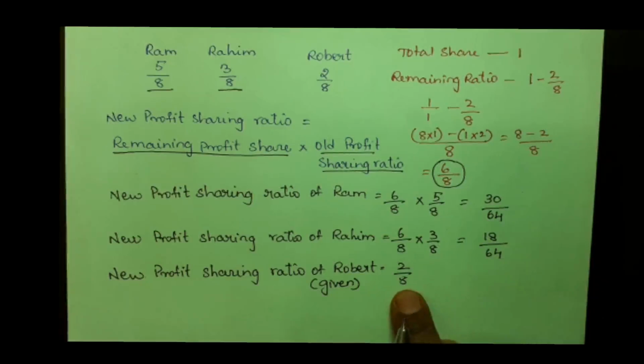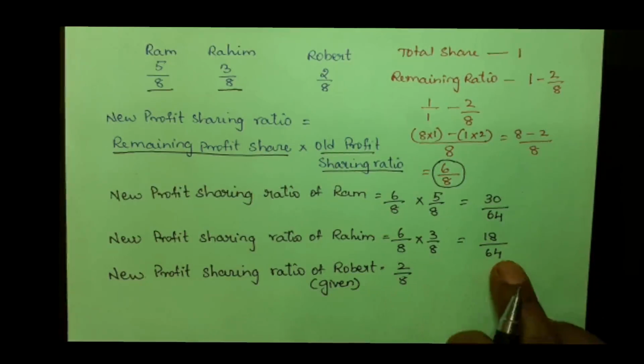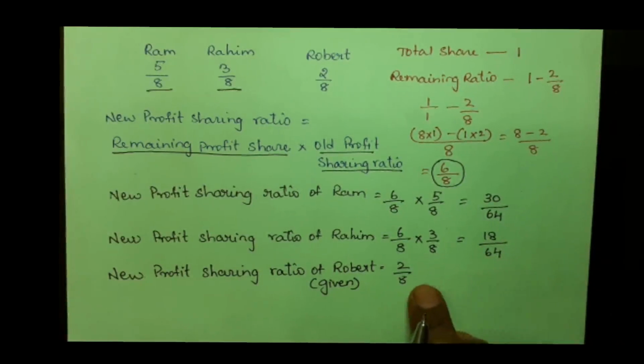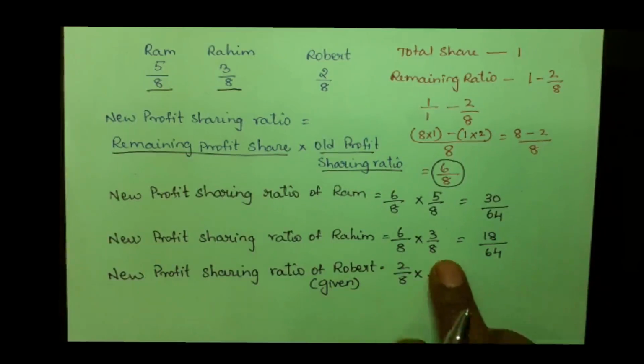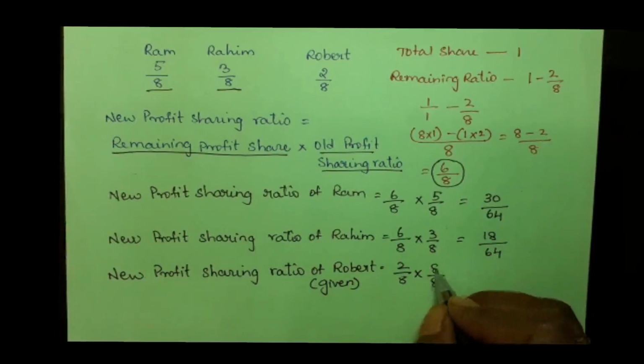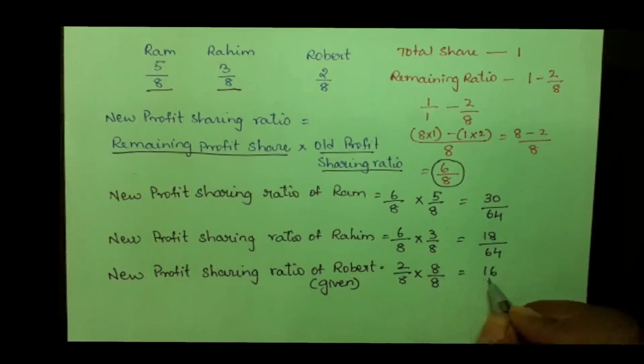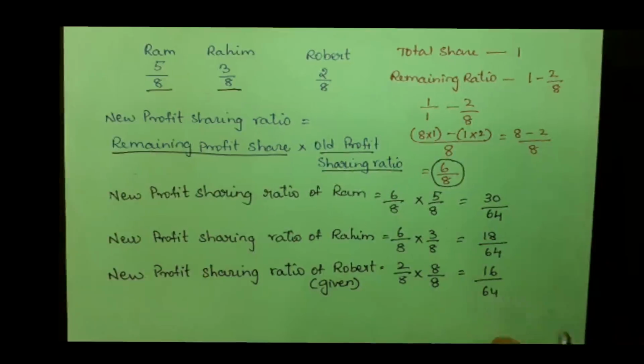So here the denominator is 8, but you have to make the denominator 64. So you have to multiply by 8. When you multiply the denominator, you also multiply the numerator by the same number. So 8 2s are 16 by 64.